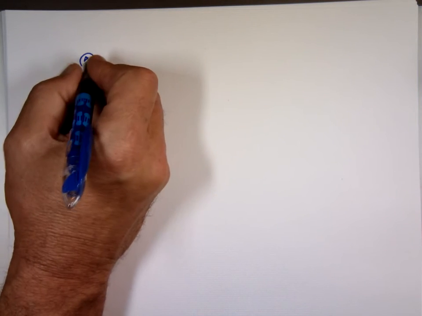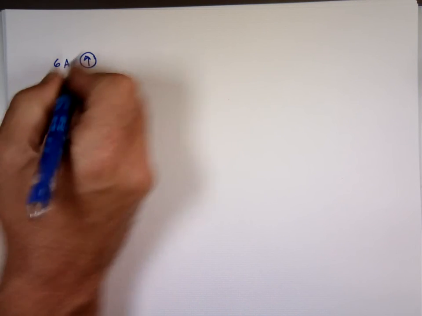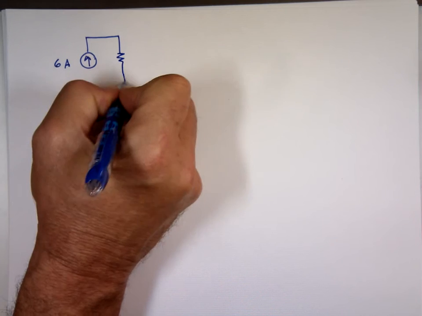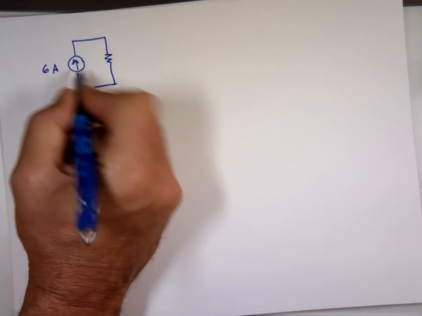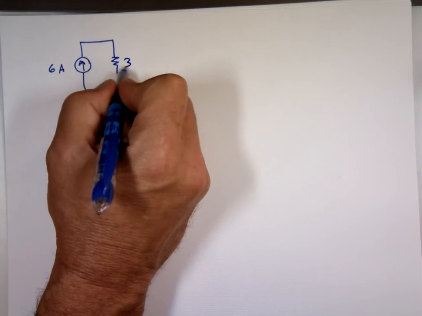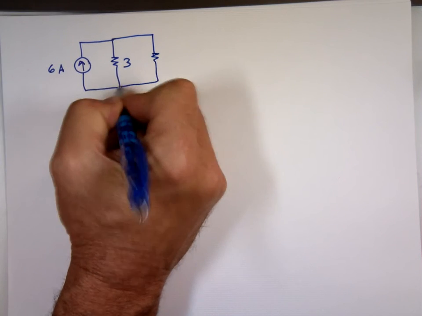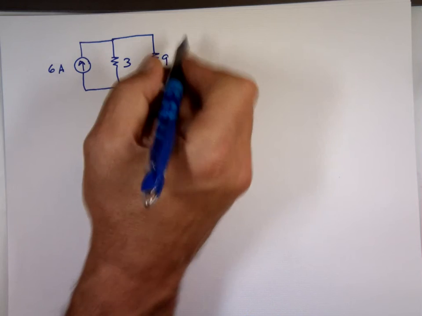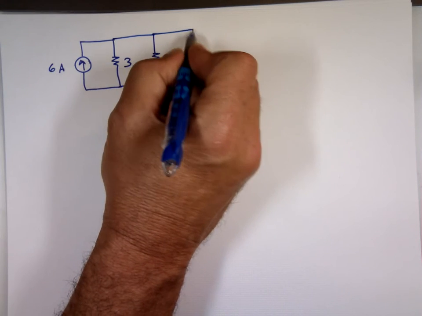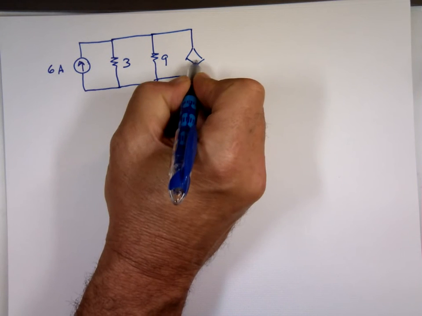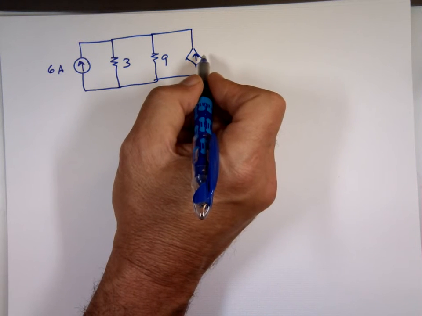Six amps. 3 ohms. 9 ohms. Dependent current source of 0.9 I sub 3.